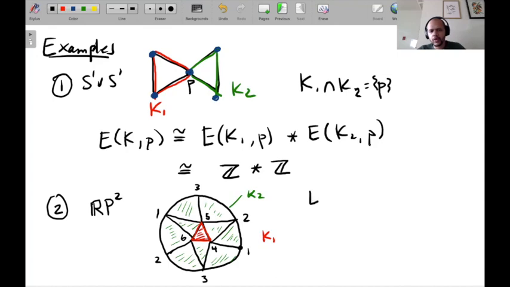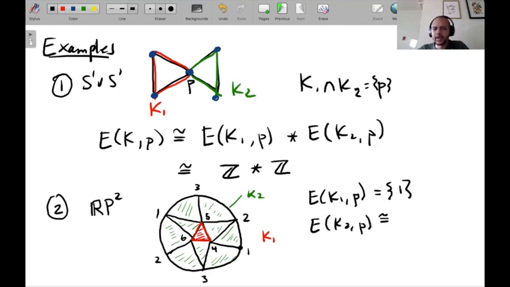Well, the edge group of K1 is the trivial group. And well, the edge group of K2 is Z, because topologically, K2 is this space, which I believe we've seen before is the Mobius band.